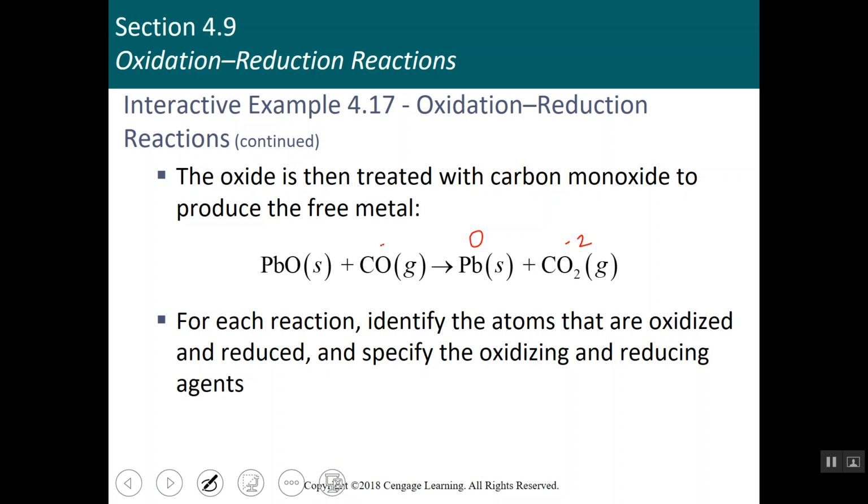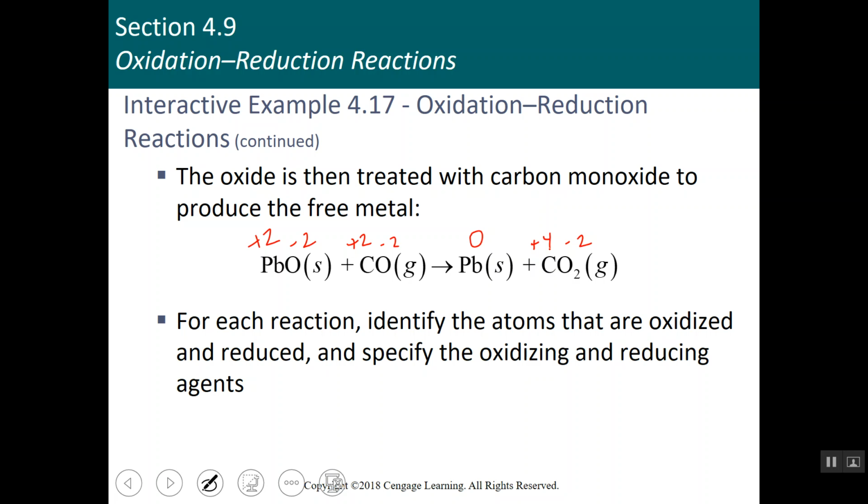Oxygen's -2 when it's in a compound. So that means that lead's a +2, that carbon has to be a +2, and this carbon has to be a +4. So if something is oxidized, that means its charge goes up because it lost electrons.